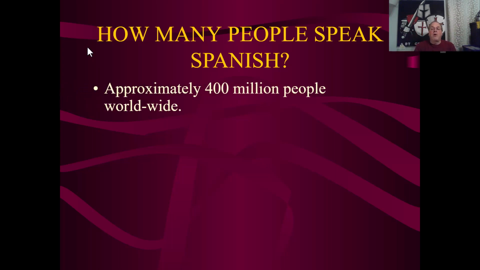There are approximately 400 million people who speak Spanish worldwide. Now, that shouldn't be too surprising of a statistic when we just look at a map and we consider all of the countries: Mexico, Central America, South America, the Caribbean.